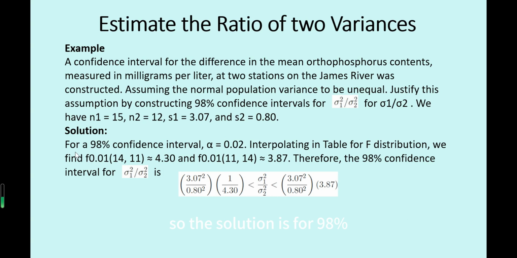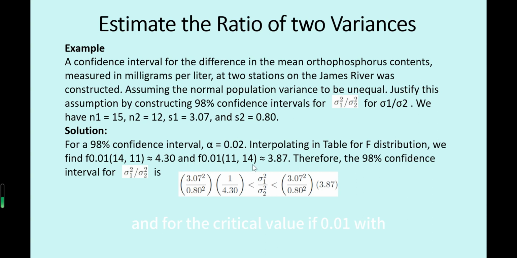So the solution is, for a 98% confidence interval, which means alpha is 0.02. After interpolating in the table for the F distribution, we find the critical value F 0.01 with 14 and 11 degrees of freedom is approximately equal to 4.3.